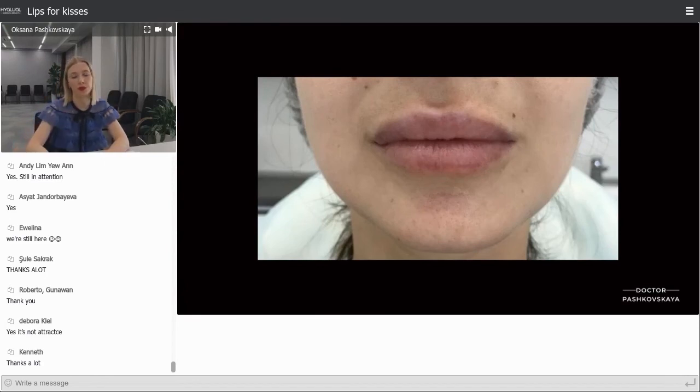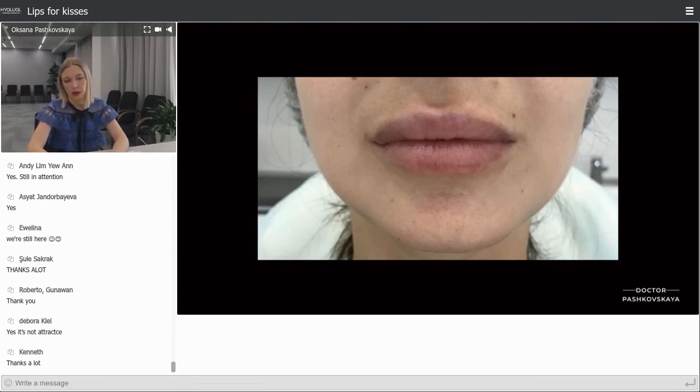Just apply hyaluronidase, and after the first application you remove the filler, generally and precisely. It's very important when you work with lips, you mostly use needles, and of course you should be sure that you are safe.